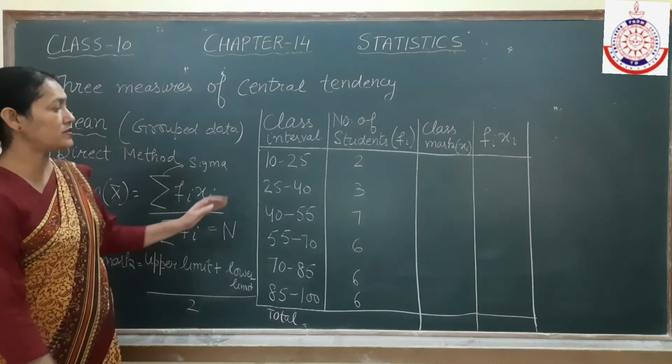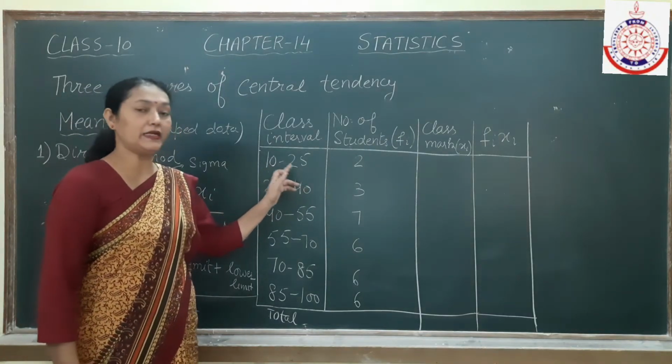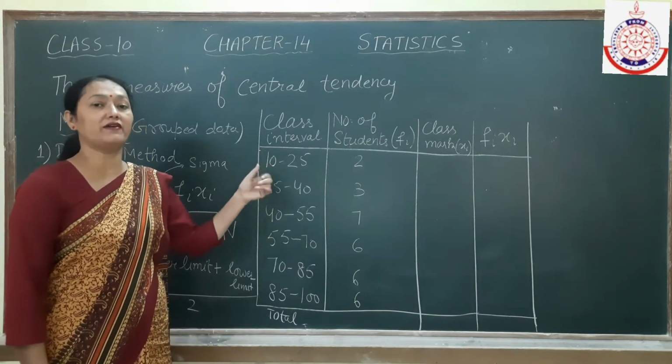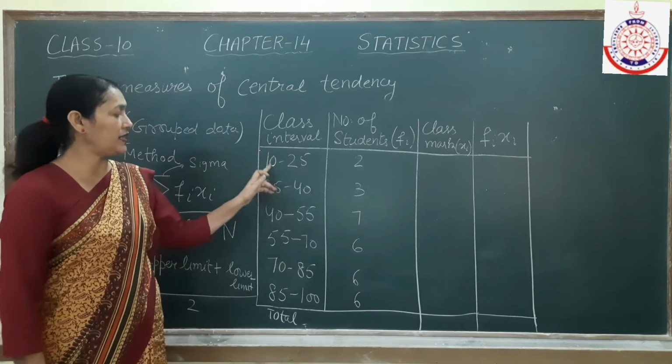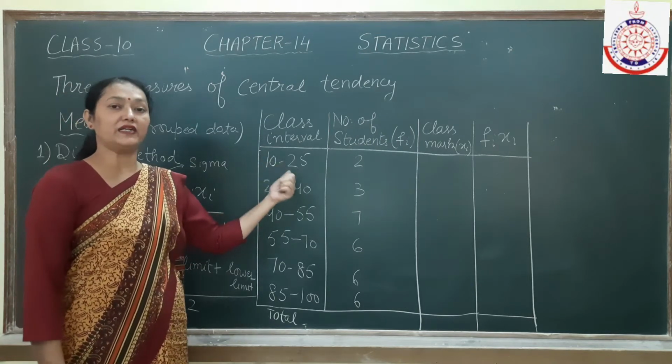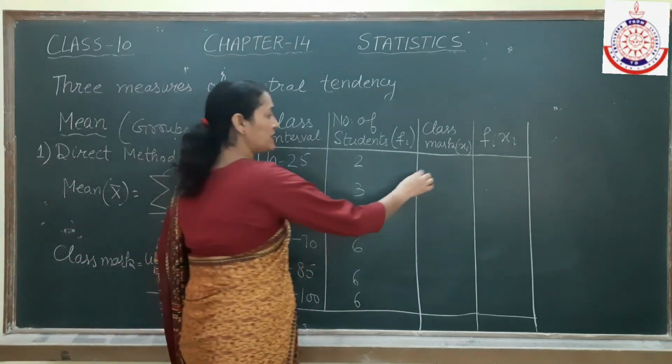So we will be adding upper limit and lower limit. Whatever the answer will come, we will be dividing it by 2. So 10 and 25, 35. 35 divided by 2 will give 17.5.